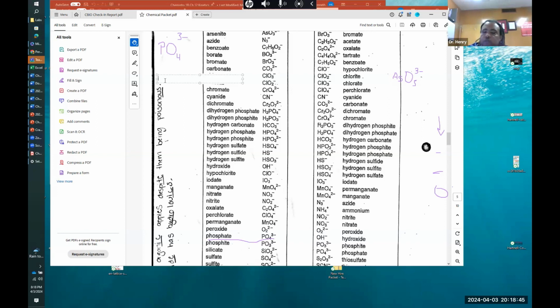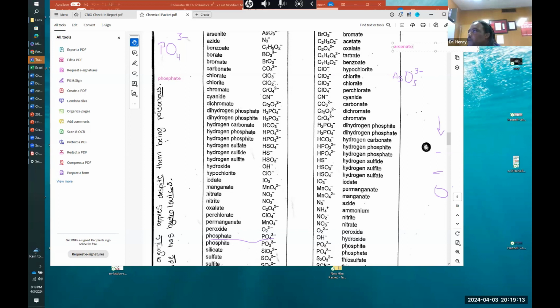So if we had arsenate, I'll type that out. We would expect it to have the same chemical formula as the phosphate, same number of O's as the phosphate, except it says As.